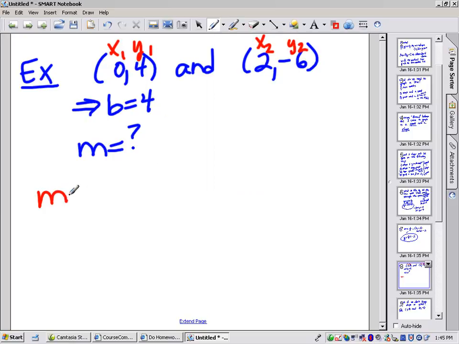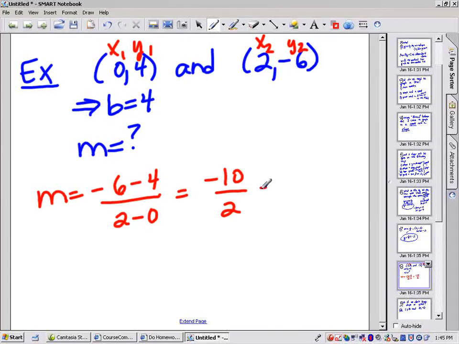So our m would be -6 minus 4 over 2 minus 0. So that is -10 over 2, or -5. So now that we know m and b, our equation is y is equal to m, which is -5x, plus b, which is 4.